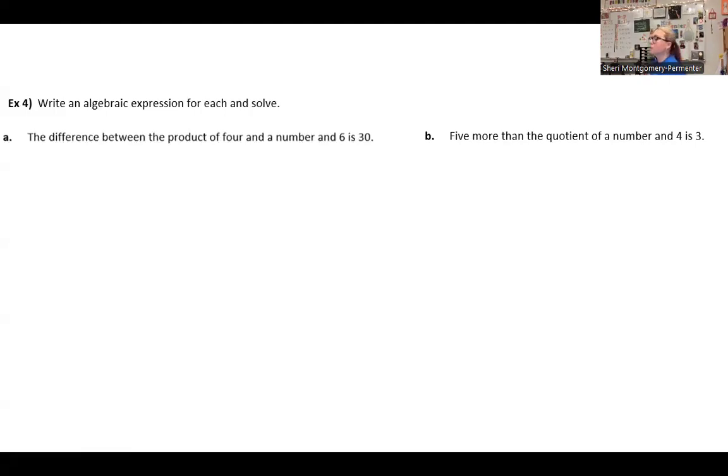The last 2 problems are word problems. And I used to have these written so that you needed to write them and then solve them. I took off the solve part. I mainly just want you to try to write them. If you can't write them right, then solving them is pointless because you get the wrong answer and then you feel like you did everything wrong. On your quiz, it's going to be multiple choice.